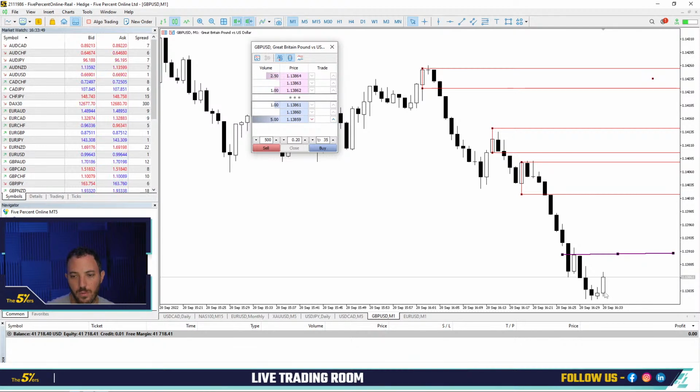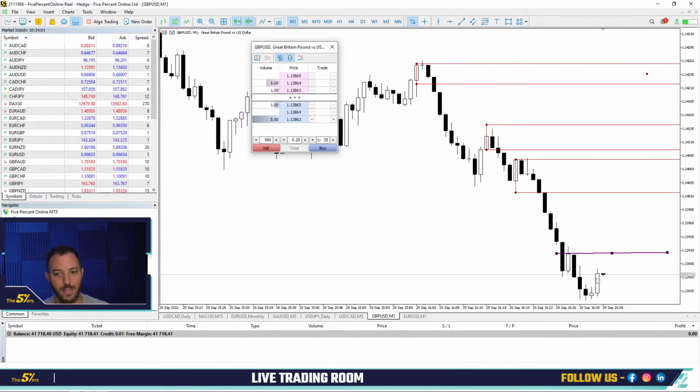Okay, so looks like it's trying to form the pullback on the 1-minute chart. That's a nice bar. Now I need smaller bars. So I need to start a pullback. That's not enough. For a pullback I need a few candles, but I want to see how after around this area, it slows down and then attempts to turn to the downside.